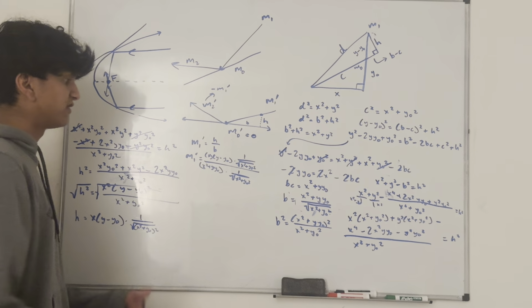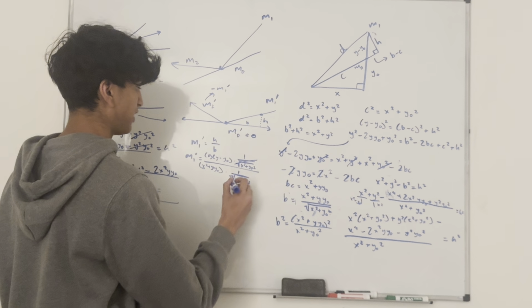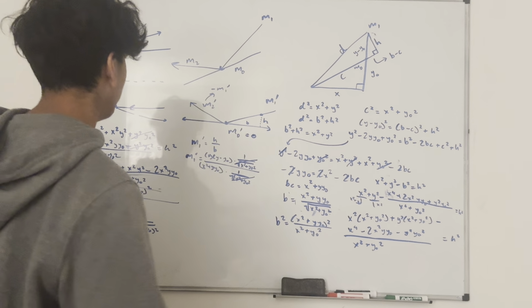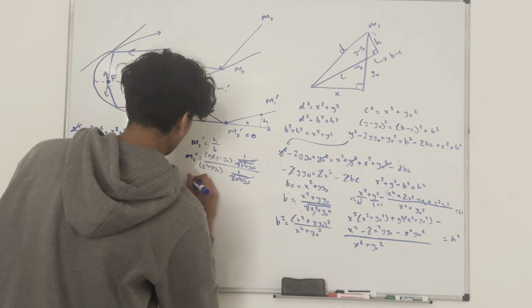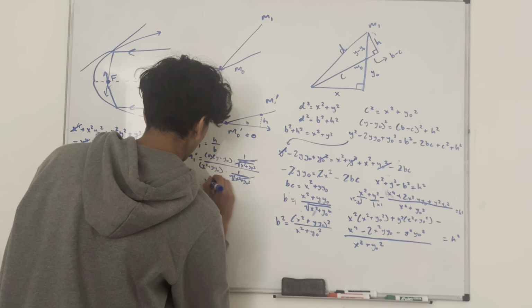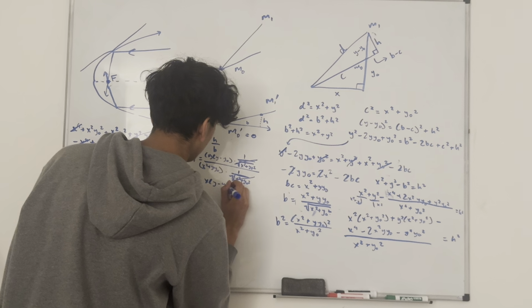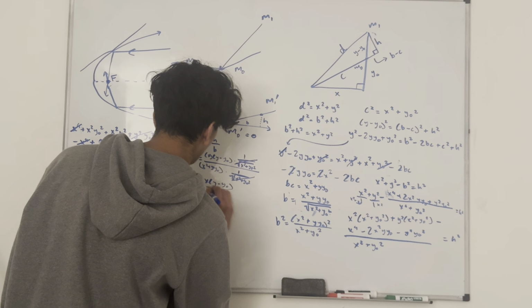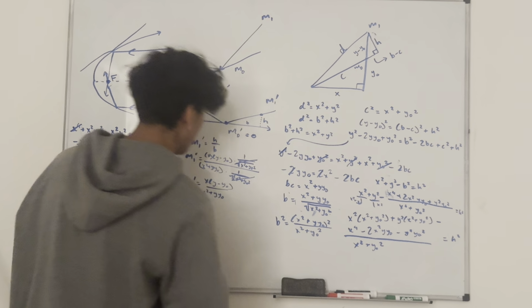So the reason I did that is so I can just cleanly cancel this out, right? Top and bottom both have it. So I get m1 prime is equal to x, y minus y initial over x squared plus y initial.